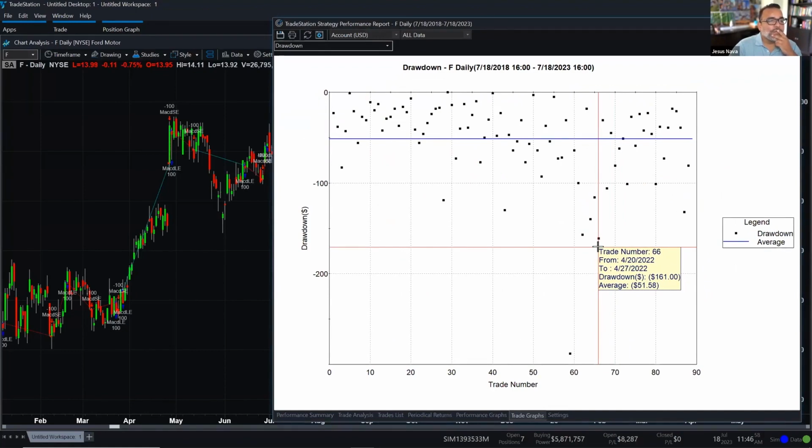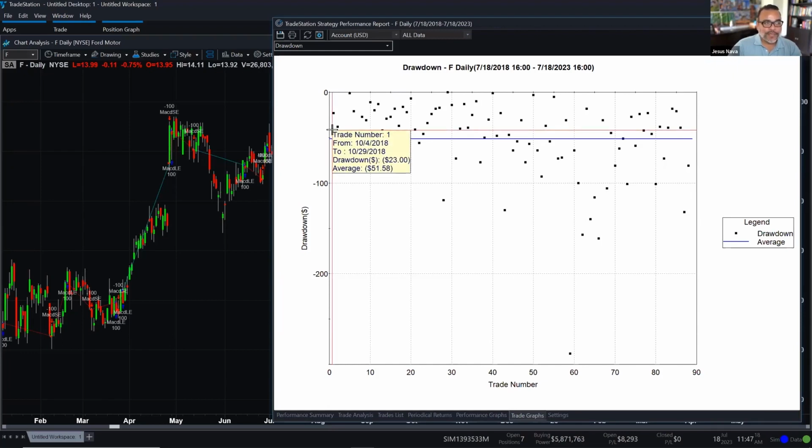What this graph tells us is how much drawdown each one of the trades had, even the profitable ones, because profitable trades could have had drawdown in the life of that trade.